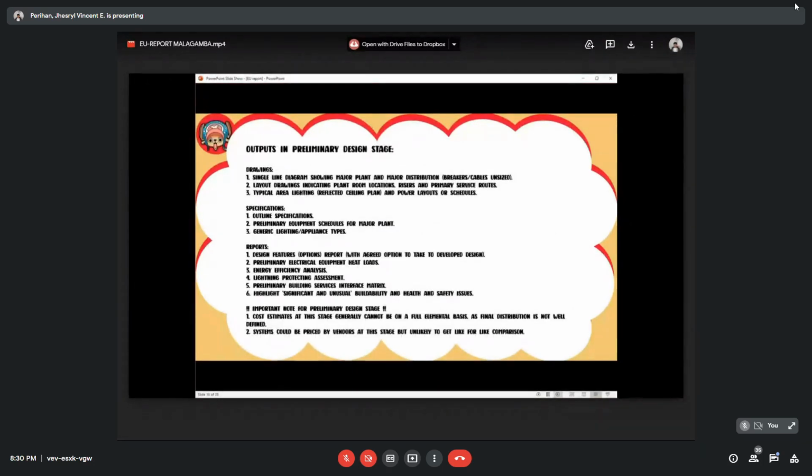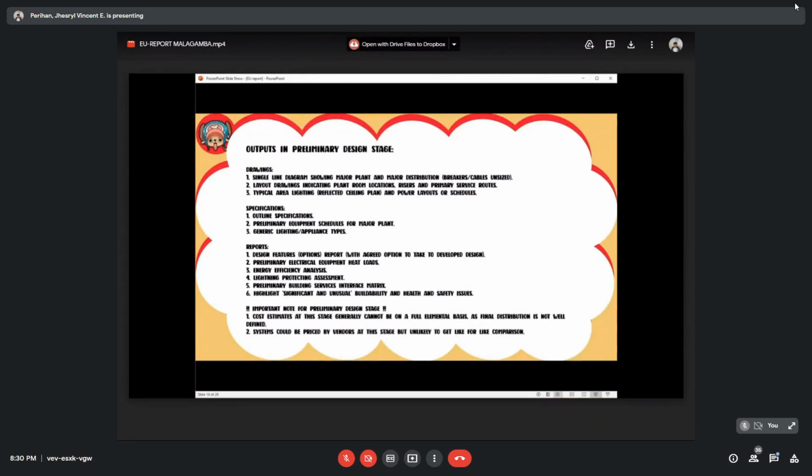So for the outputs in the preliminary design stage, in the drawings, we have three. First, the single line diagram showing major plant and major distributions, like the breakers and cables and size. Second, the layout drawings indicating plant room locations, risers, and primary service routes.